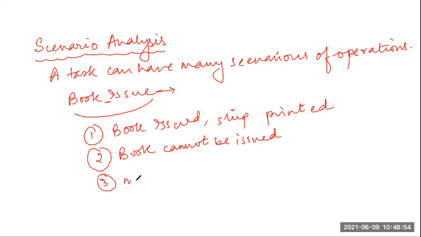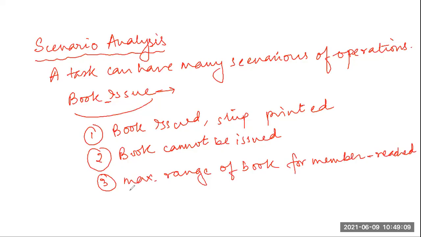So the maximum limit of books for that particular member is reached, so no book is issued. Right? These can be three possible scenarios.